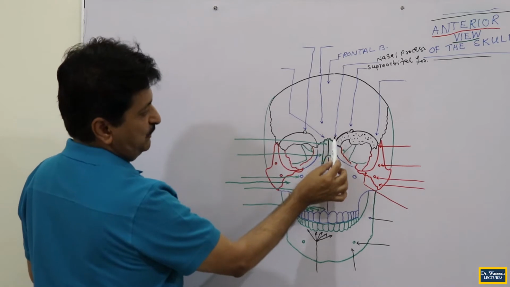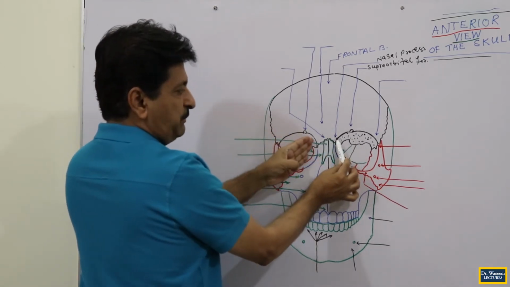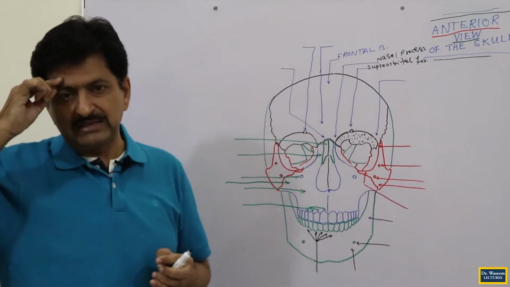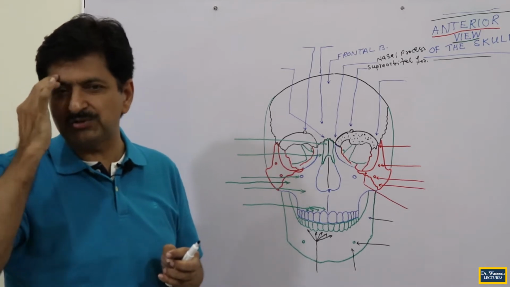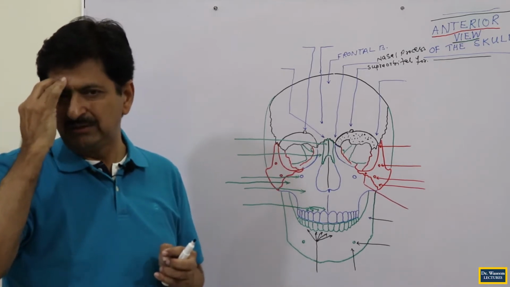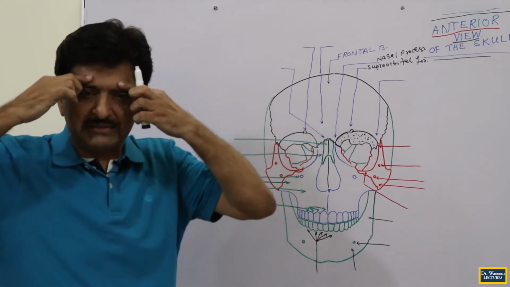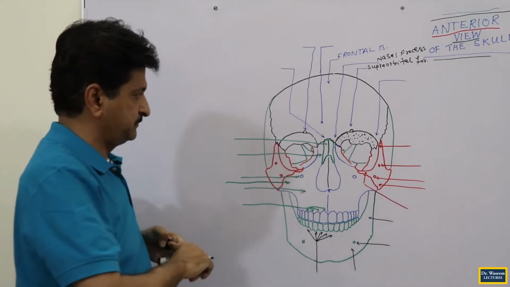Now you are actually watching this also. Between the 2 orbital margins, these are the orbital margins, a little above the orbital margin, you see raised surfaces. You can feel over the orbital margin some prominences, an arch-like prominence, raised bony arch-like ridge. You call it the superciliary arch.